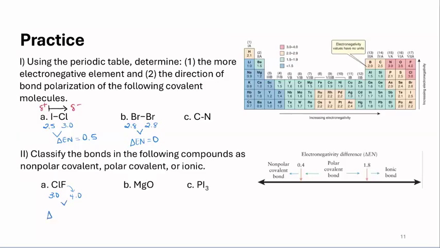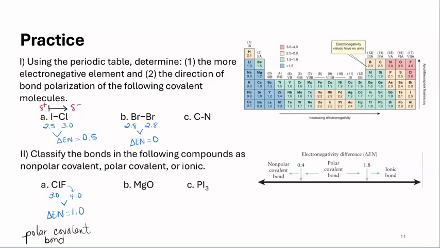When it comes to the difference in electronegativity, because it is 1.0, this represents specifically a polar covalent bond because the values are between 0.4 and 1.8. So when we classify the bond that allows chlorine and fluorine to come together, this is going to be a polar covalent bond.